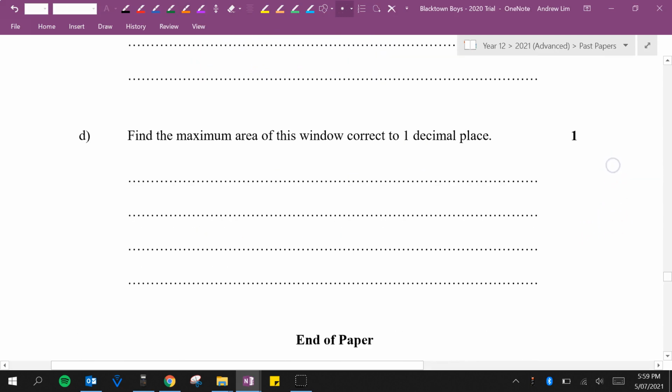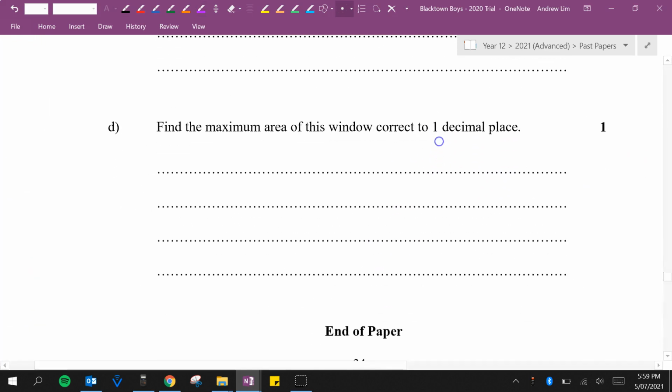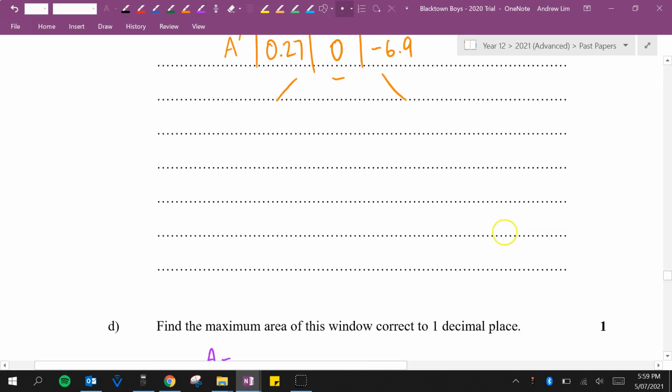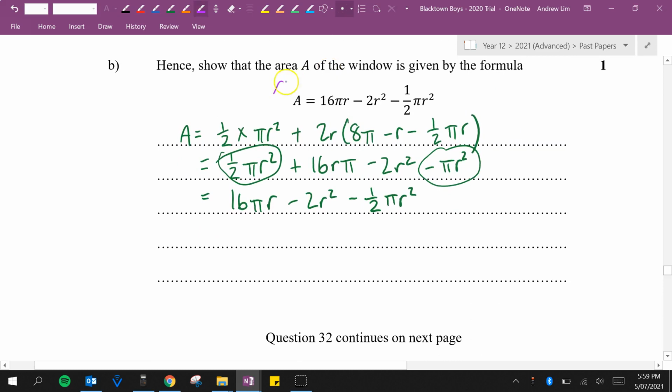Okay, question D. Find the maximum area of this window correct to one decimal place. So, area, we actually worked that out before. Area is this: 16 pi r minus 2r squared minus half pi r squared.